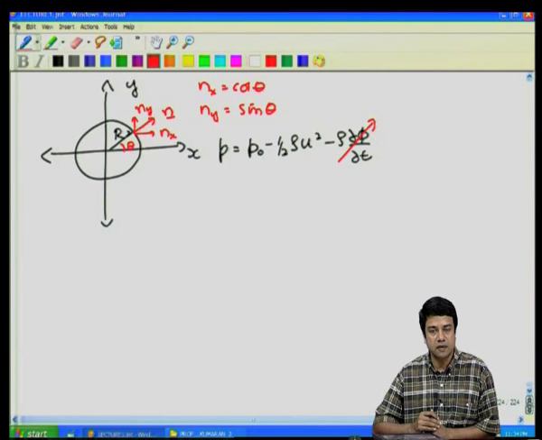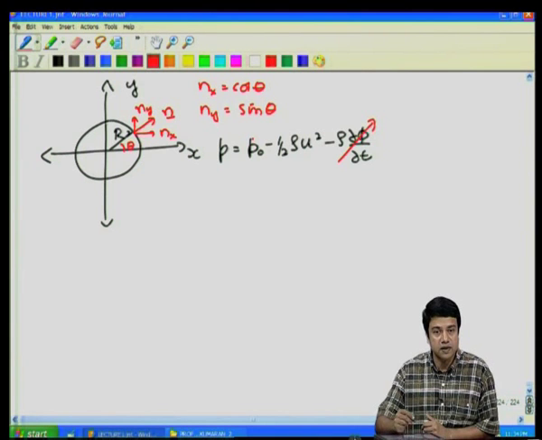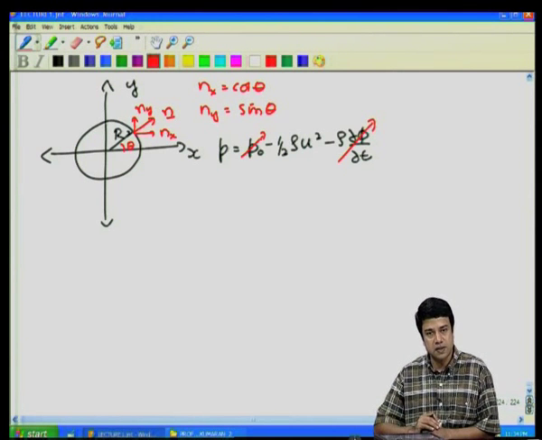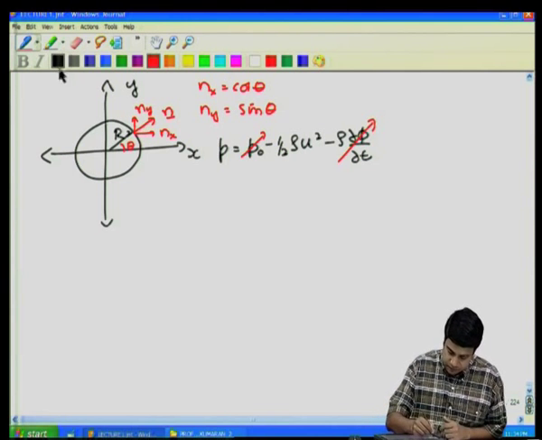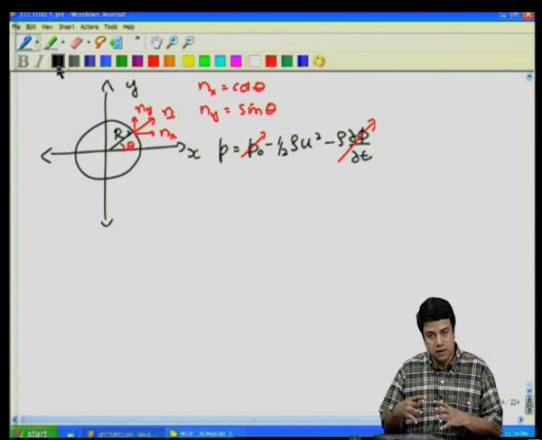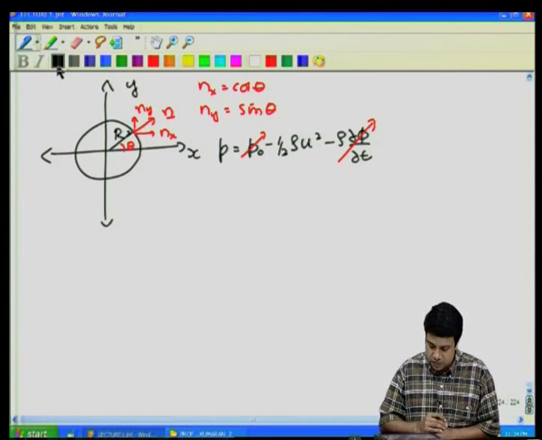Of course, P naught is just a constant pressure. It is going to exert equal and opposite forces on opposite surfaces, so that itself does not affect the net force. Therefore, I can just write P as minus half rho u square, because P naught is just a constant value which exerts an equal force per unit area on all points on the surface.